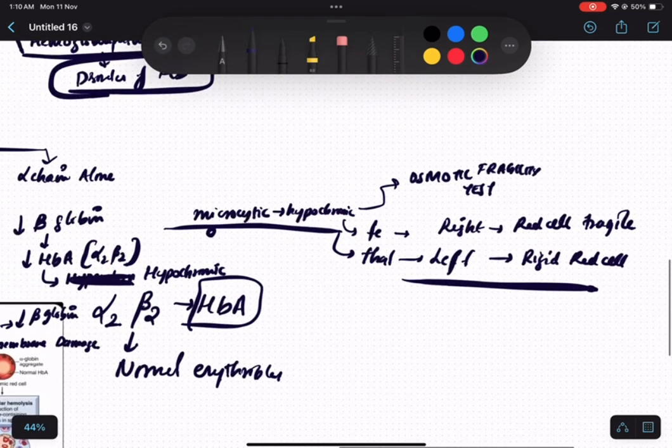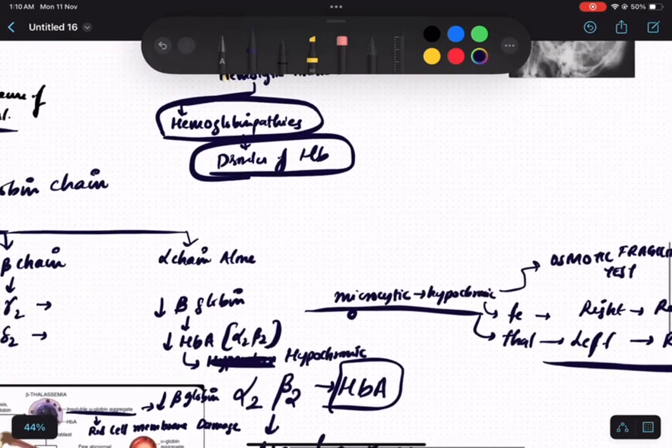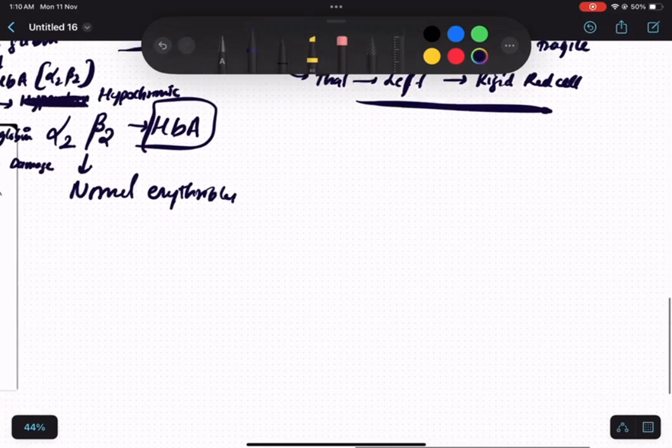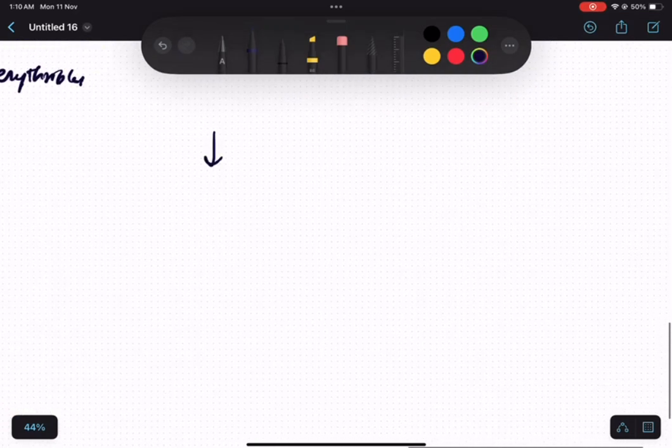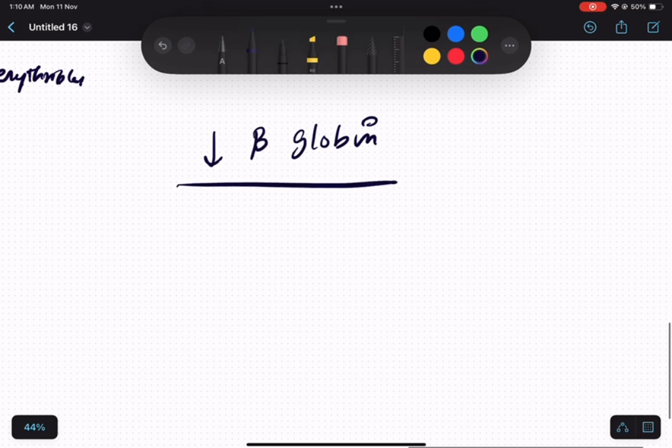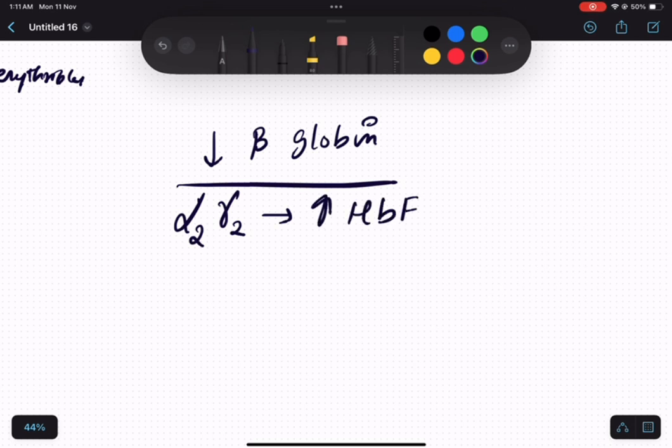And next is the beta. We know that there is a reduced beta globin, and due to this, the alpha doesn't have beta globin to bind, so this alpha binds with gamma to increase the production of HbF, and alpha binds with delta 2, which increases HbA2.